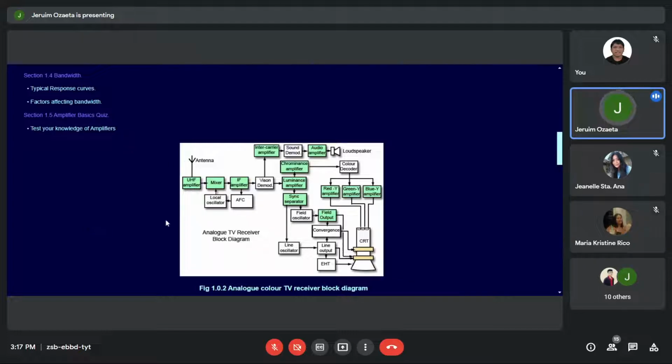That 500 megahertz is being combined with the local oscillator, combined in the mixer, in order to produce the intermediate frequency amplifier. Where is this intermediate frequency? This frequency is usually the modulating frequency of the TV. Although you cannot immediately extract the signal, it carries the signal together with the sound.